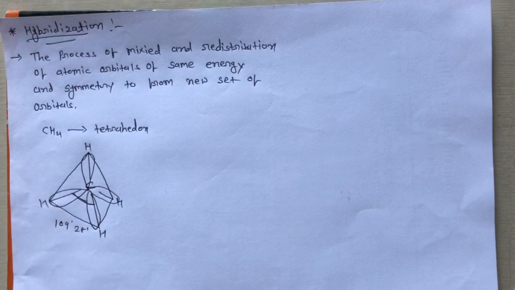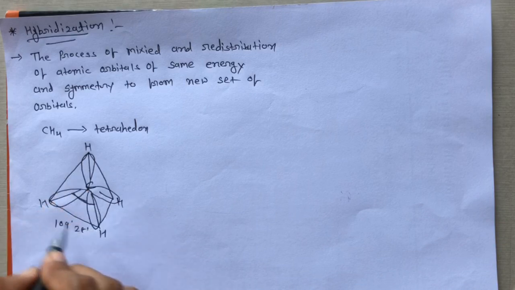The equivalence of 4 bonds can be explained by assuming the available orbitals of carbon, the 2s and 2p orbitals, are intermixed or hybridized, resulting in 4 equivalent orbitals which are oriented toward the 4 corners of a regular tetrahedron. This mixing of atomic orbitals to give an equal number of symmetrically oriented orbitals of equal energy is referred to as hybridization.